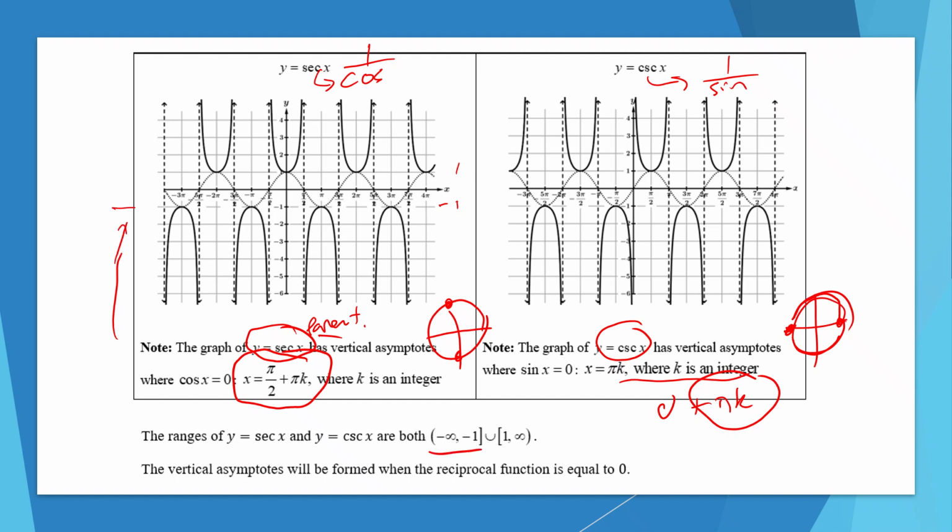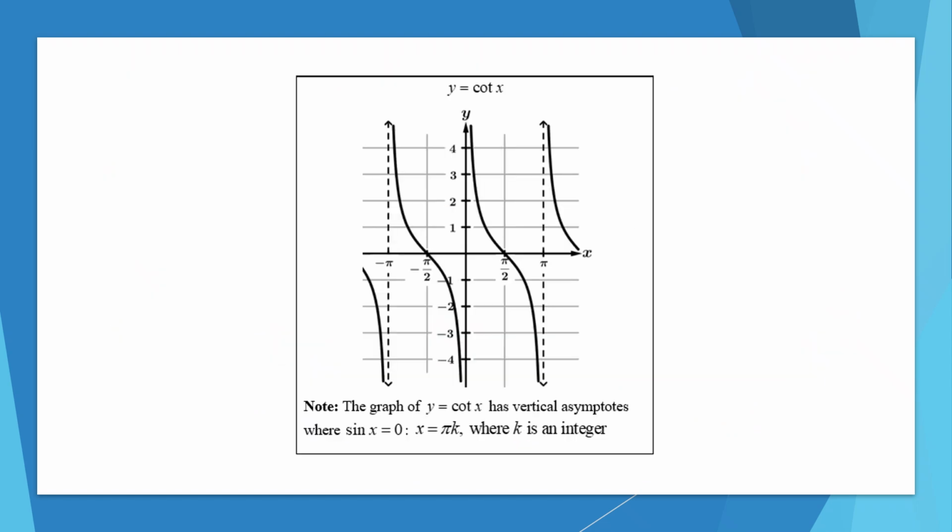So we would write -infinity to -1, and then you go from 1 all the way up to infinity, right? Those go up forever. And that is going to be our range for secant, but also for cosecant. You'll see the exact same thing. So just remember the vertical asymptotes will be formed when the reciprocal function, which is either sine or cosine, is equal to 0. All right, so for tangent and cotangent, there's two things that we really have to think about.